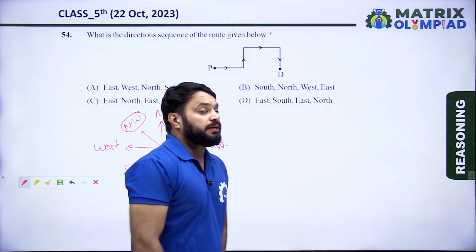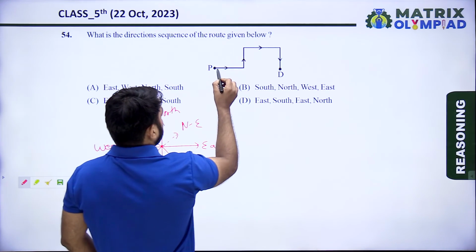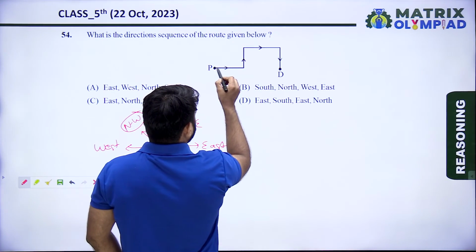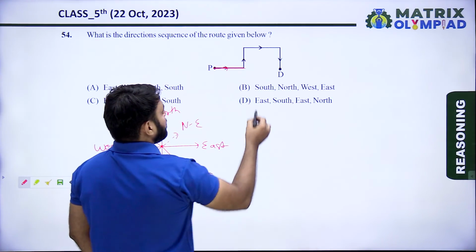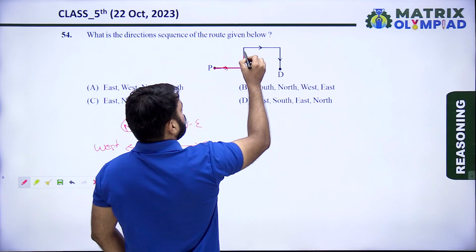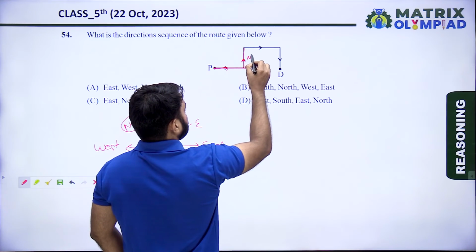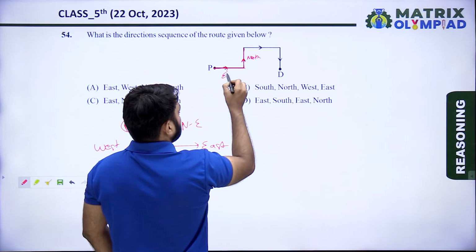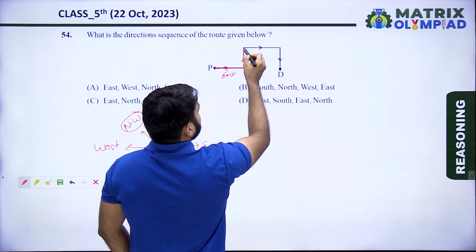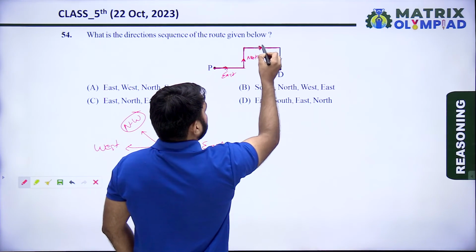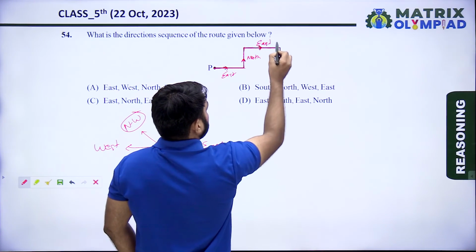So according to the figure, a man goes to the east first. Then he goes to the north direction. Again, he goes to the east direction.